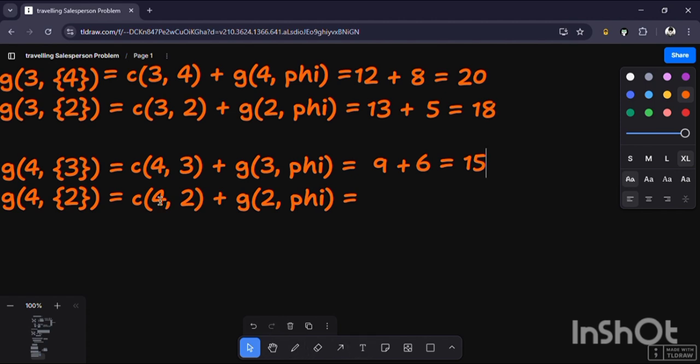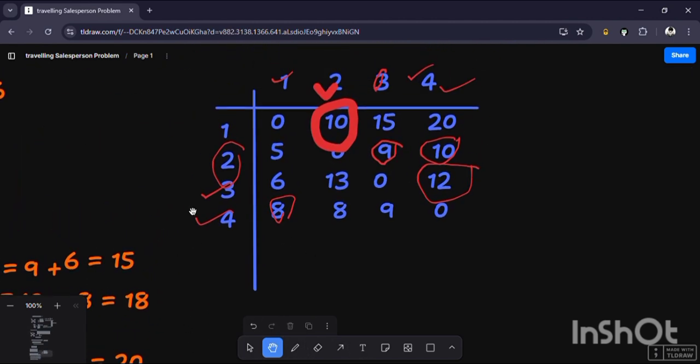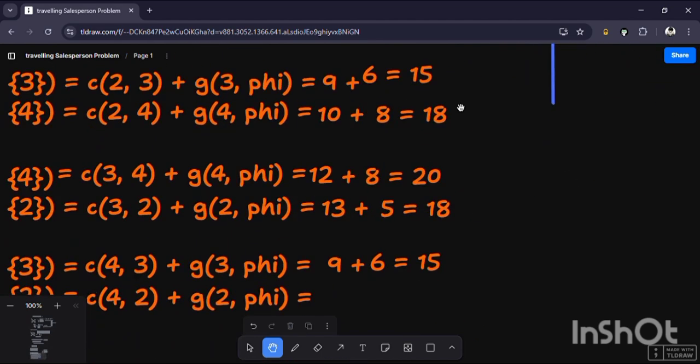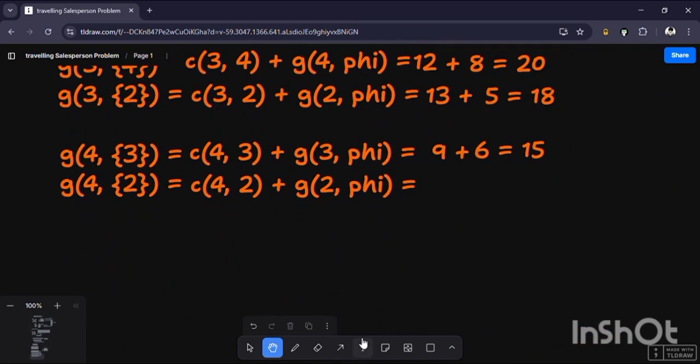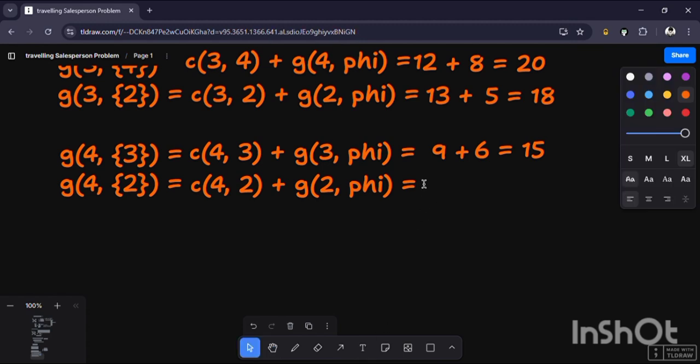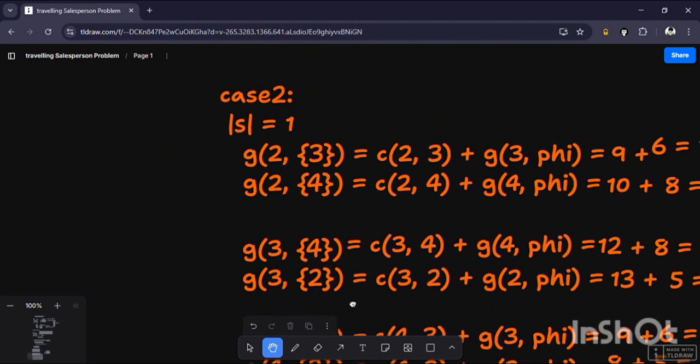Next, what is the value of cost of 4 comma 2? The value of 4 comma 2 is 8, and g of 2 comma 5 is 5. So 8 plus 5, which is equal to 13. So this is all for mod s equal to 1.